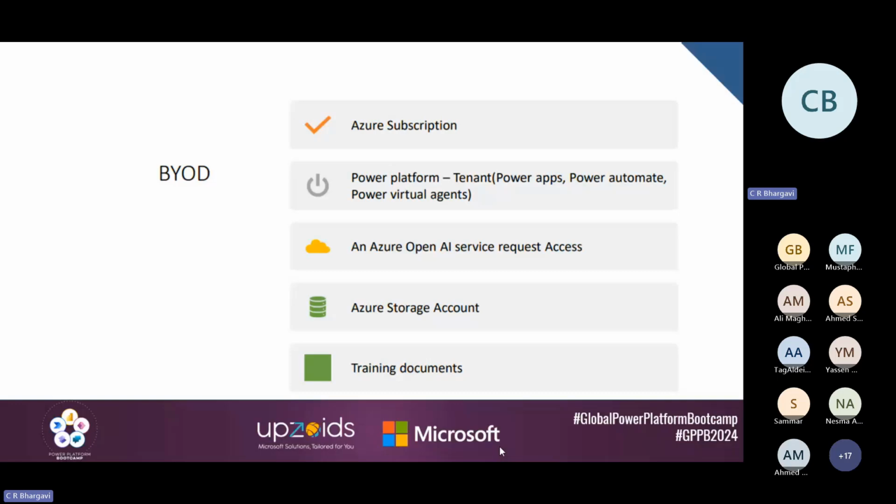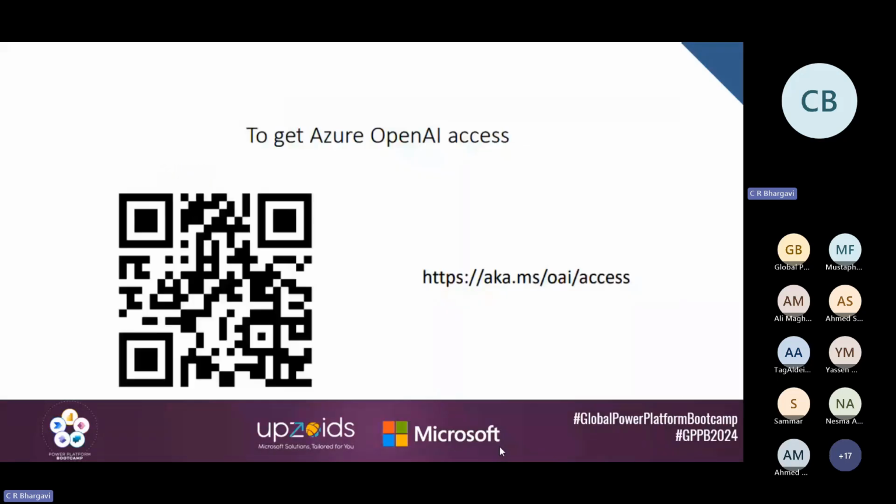These need to be available for the bring your own data concept. And to get the Azure OpenAI access, for now, Azure OpenAI is not a free resource. We have to request it, and we have to get it approved, and it may take a minimum of 10 to 15 days once requested.